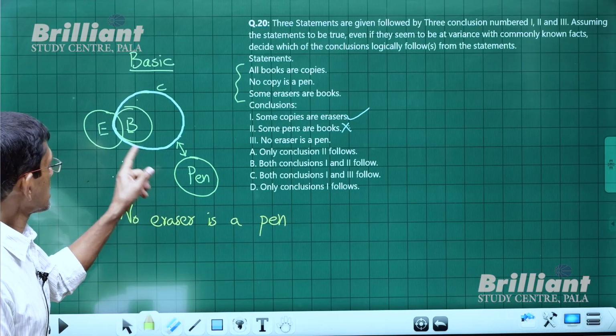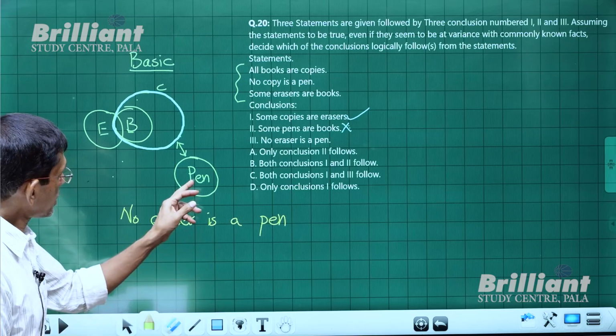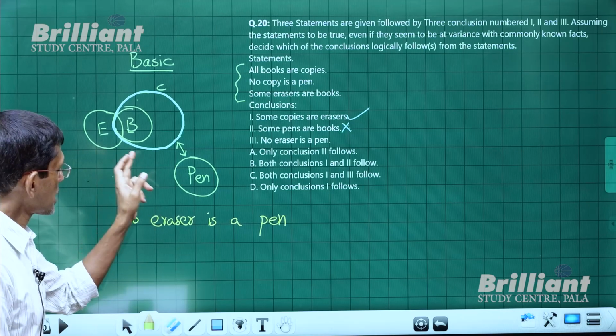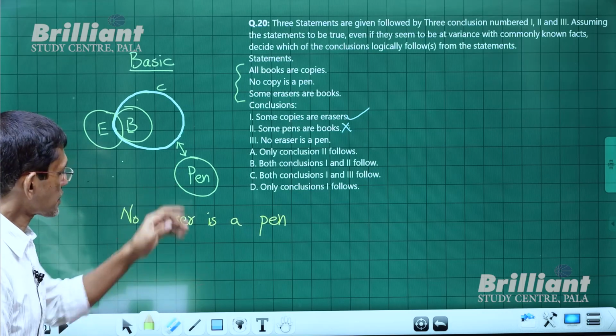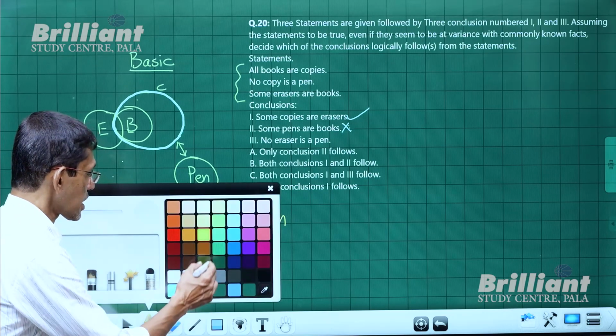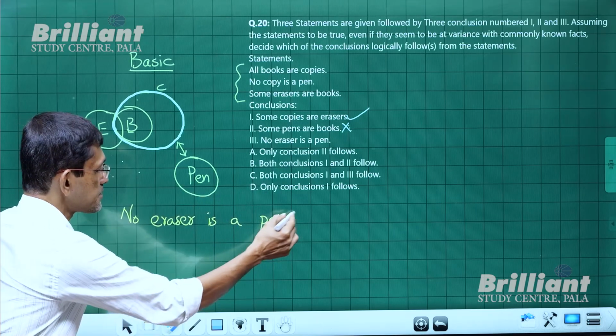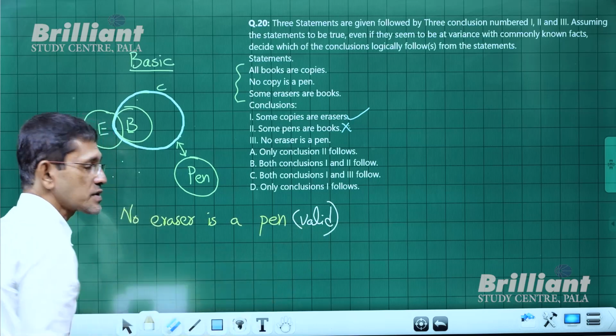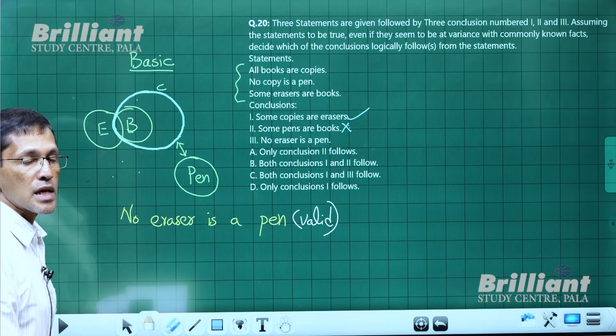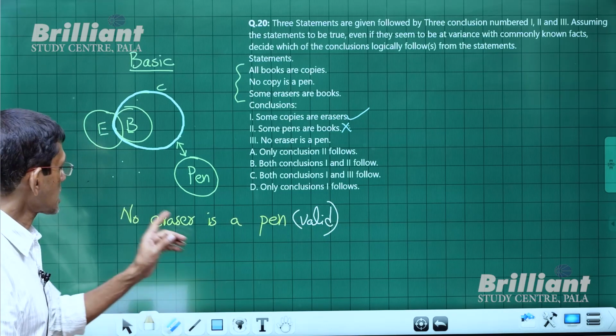So here it's pen, here it's eraser. No eraser is a pen. When you look at the diagram, it is actually valid for the basic diagram. So let me write it down: it's valid. For a positive conclusion, if it is valid, then the conclusion follows. In this case, it's a negative conclusion.